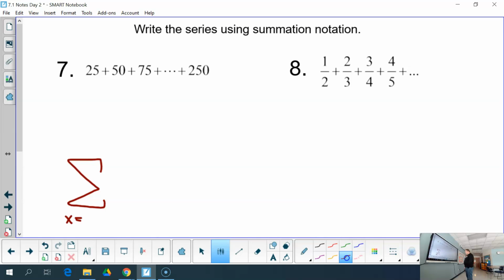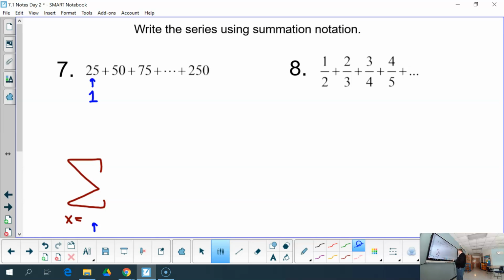Now, commonly, the biggest mistake is when we go back here and we say, okay, 25 is the first term, people want to put 25 right there. And that's fine if you can come up with a rule that would fit that all the way through. But it's usually easier if that is 1, signifying your first term.